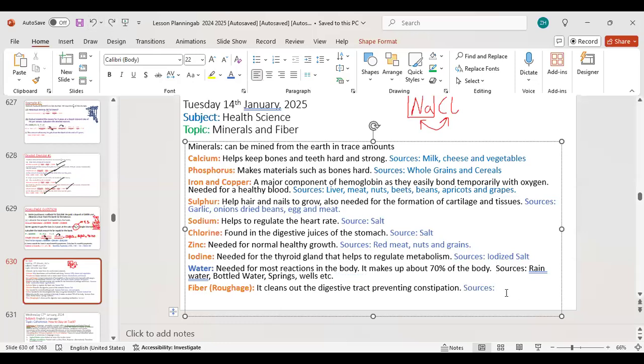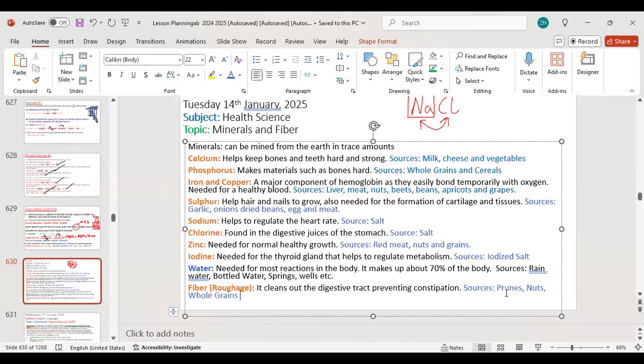Your fiber comes from, by the way, prunes. If you're constipated, prunes is very good. And tamarind. You also get fiber from nuts. You also get fiber from whole grains.